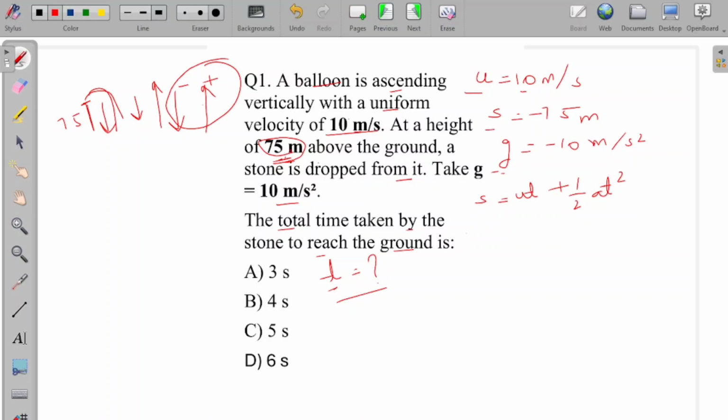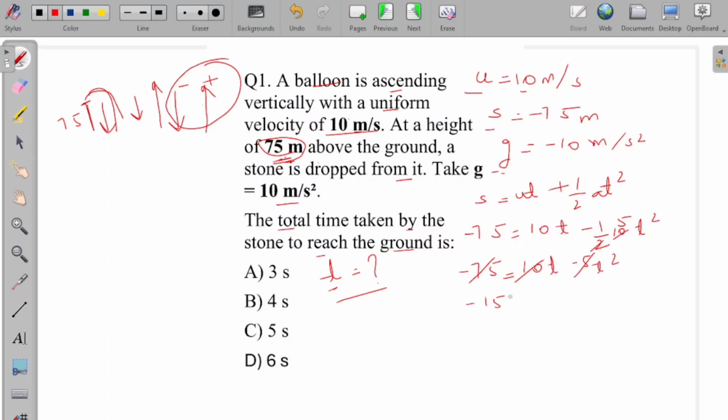So s is here minus 75, u is 10t minus half 10t square. When we simplify it further, we get the equation minus 75 is equal to 10t minus 5t square. 5, 10, 75, all multiples of 5 can be simplified.